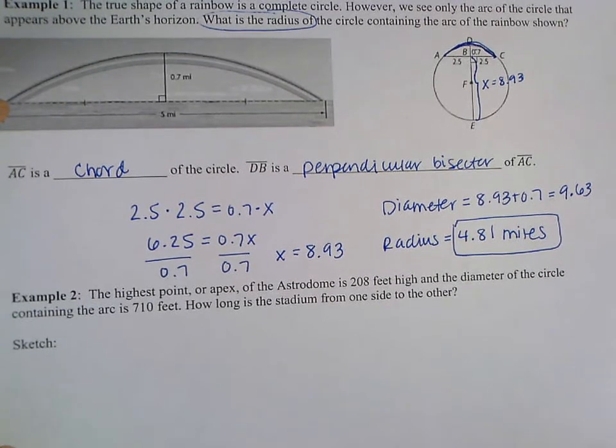Okay, so looking at what are you able to find, and then how can that be used to find what the question is asking for. So we actually had to find x and then the diameter in order to find the radius. We can't just jump straight to the radius. Questions on that one?